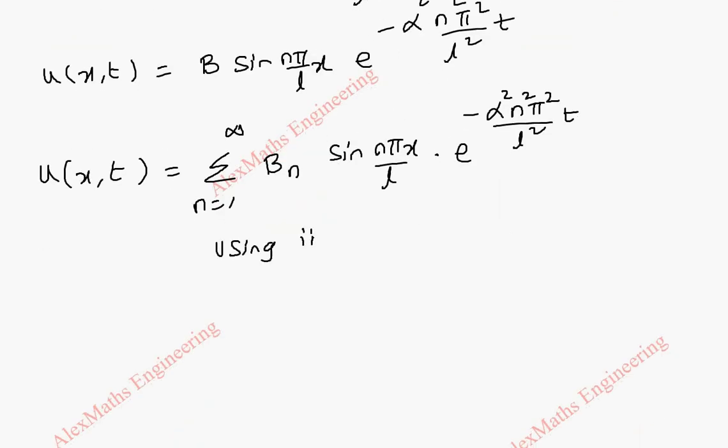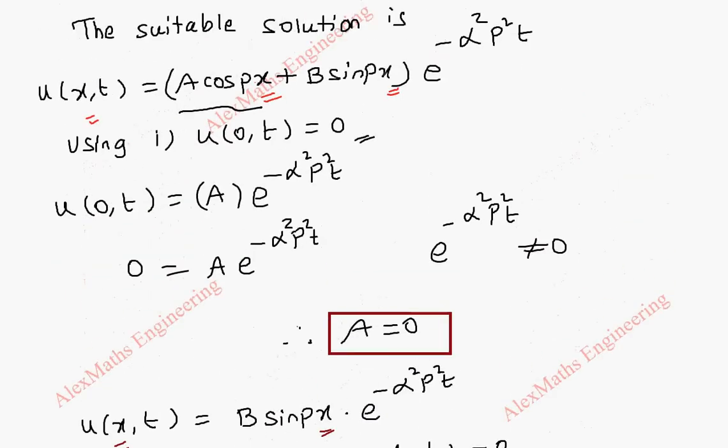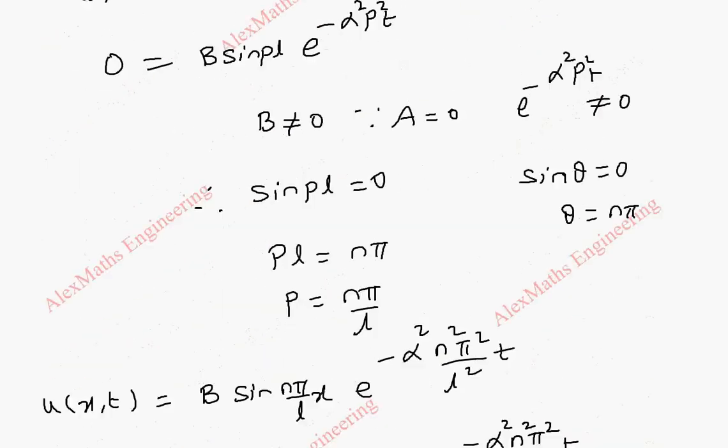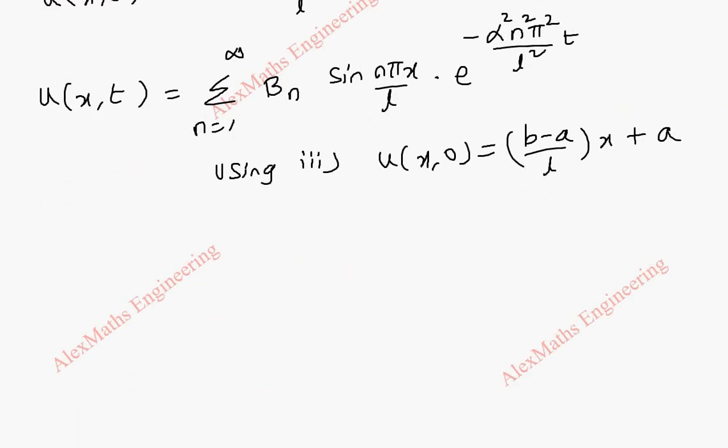So the third condition is u(x,0) equals b minus a by L into x plus a. Wherever t is there, we have to substitute 0. So when t is 0, this is u(x,0).